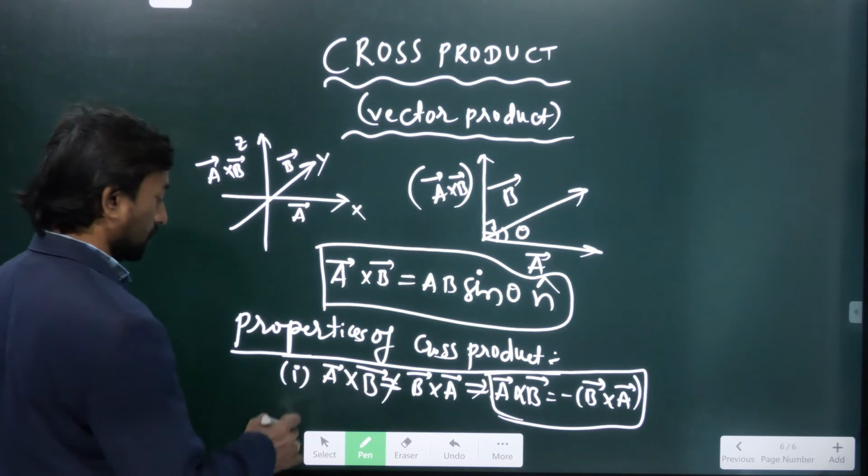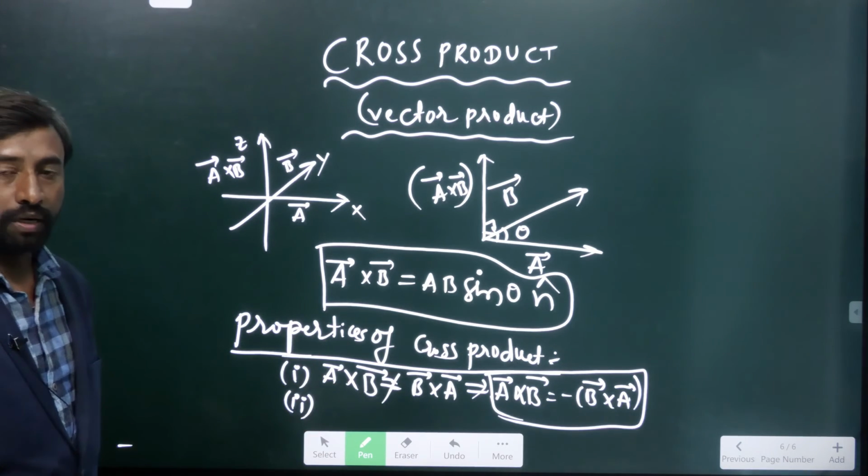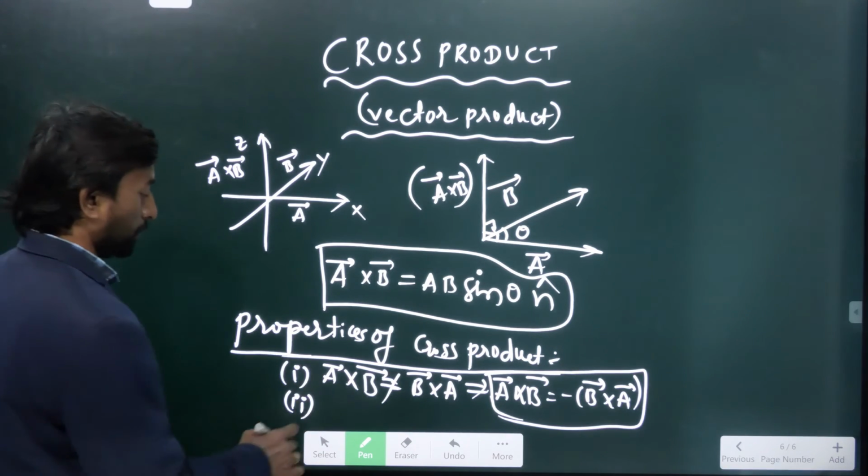The next law is the distributive law. The cross product will obey the distributive law.